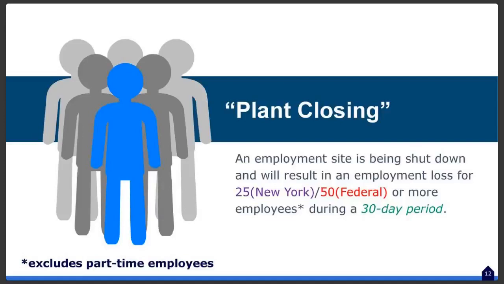Most cases that won't be too applicable in the event of a plant closing because the site's being shut down permanently. The federal law that's been in place for much longer had a 50 employee employment loss threshold. New York cut that in half. Most of the numbers you'll see New York changed in whichever way would result in longer or more notices being given and being given more in advance.